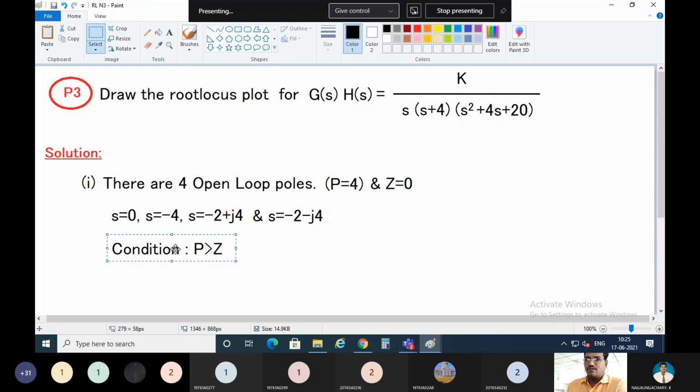If you know how to draw the root locus for a particular open loop transfer function, easily you are getting 12 marks in your hand in control system. One is block diagram, another one is this one. The Routh-Hurwitz criteria also, all are what we discussed and completed so far.